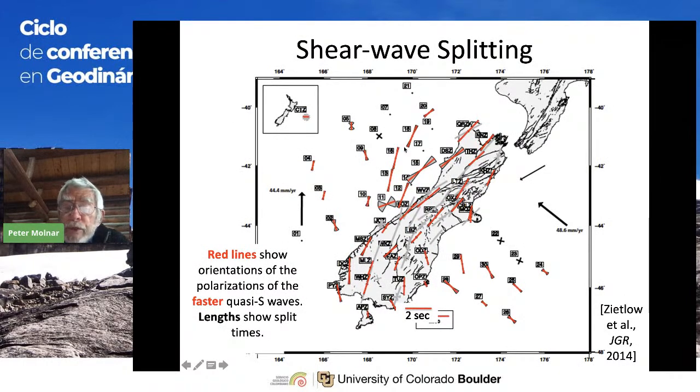Now, afterwards, I was part of a project where we put ocean bottom seismographs offshore, off both coasts. And what are shown here, these red lines, show the orientations of the polarizations of the faster quasi-S waves. And hence these would be parallel to the maximum elongation in the strained region. And the Alpine Fault is the black line underneath here.